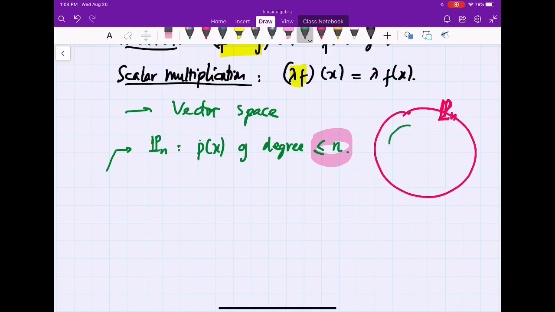Then in this set you have another subset, let's say all polynomials of degree exactly n. Does that make sense? So the question is, is it a vector space or not? Let me denote this by Pn prime. How about that? So it turns out that Pn prime is not a vector space.